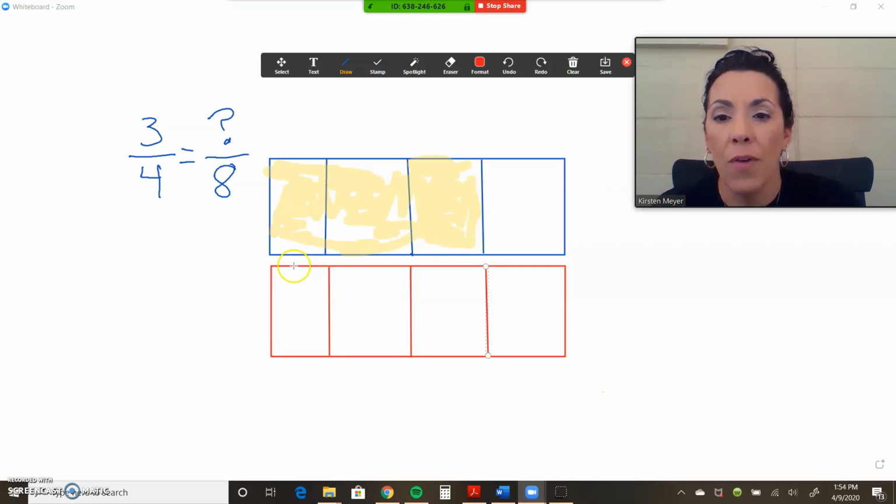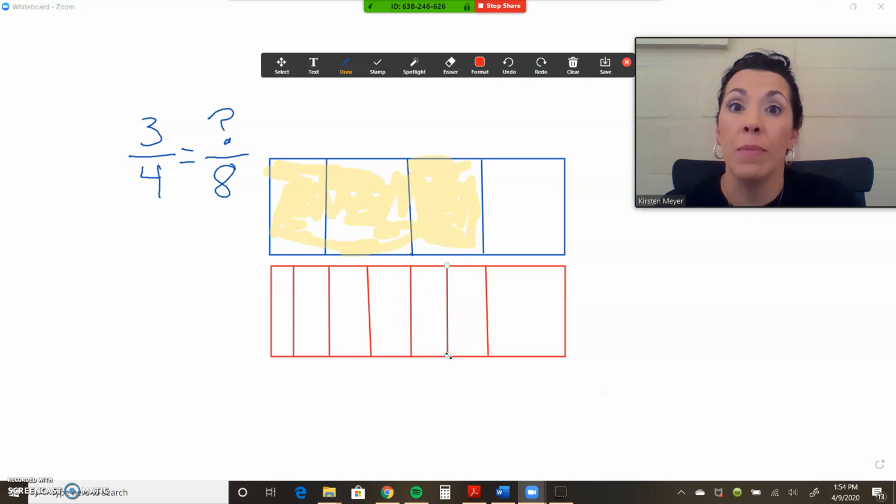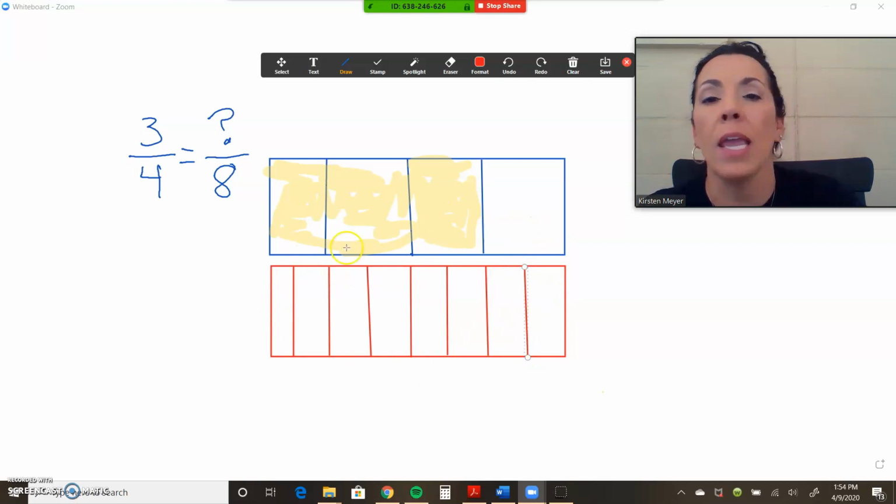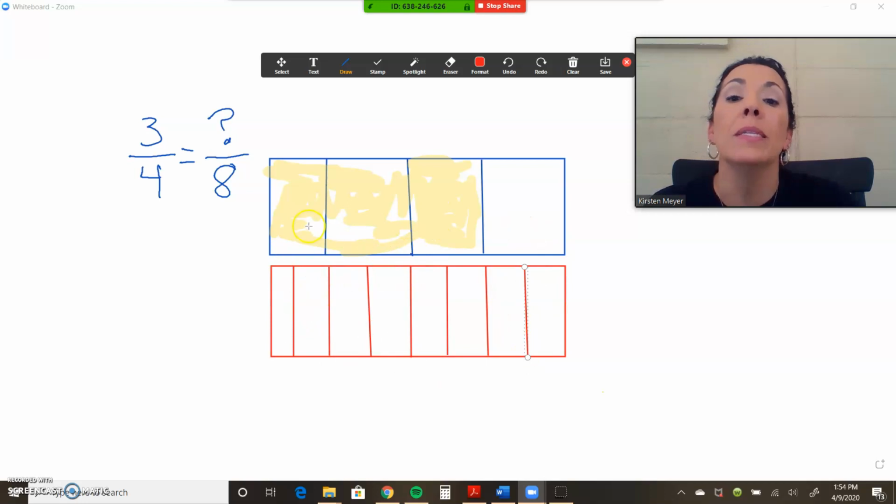So if I make this one into 2 parts, that's 2. And there's another 2 parts. Now I'm up to 4. And another 2 parts, that would be 6. And then another 2 parts, that would be 8. So I have the same size whole, but instead of having 1, 2, 3, 4 parts, now I have 1, 2, 3, 4, 5, 6, 7, 8.